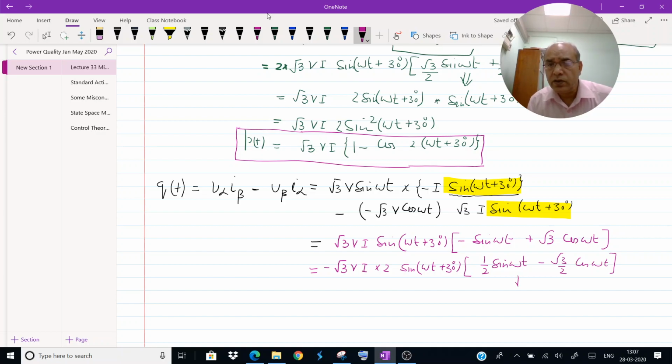Okay, now the whole expression becomes cos of omega t plus 30 degree, correct?